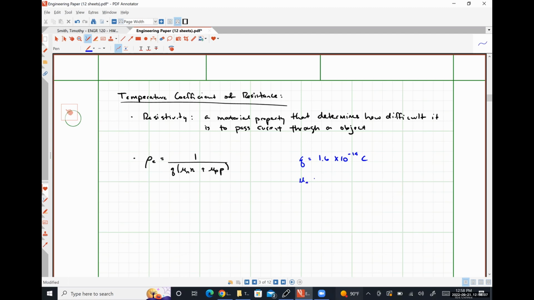Mu n is our electron mobility, measured in centimeters squared per volt seconds. N is our electron concentration, measured in electrons per cubic centimeter.